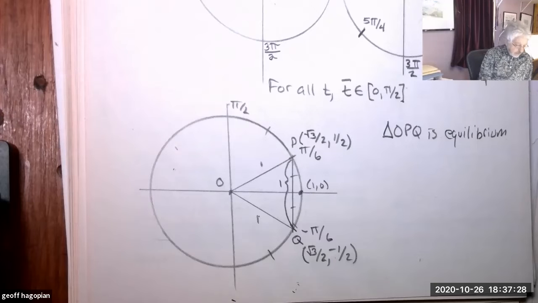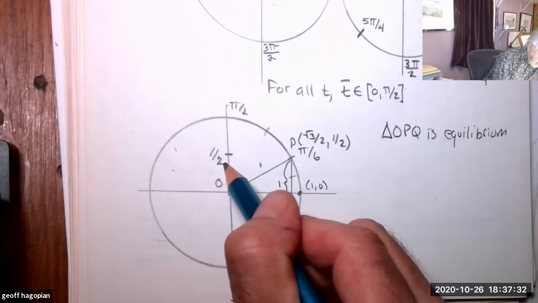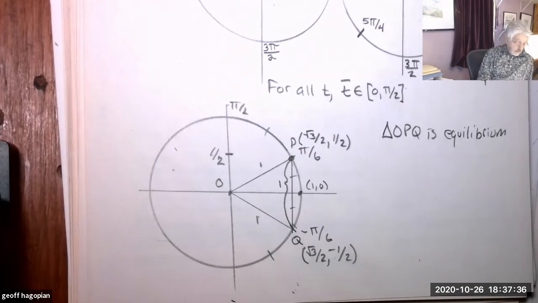Well, if I think about what point on the circle has a y coordinate of 1/2, that's going to be where you have the equilateral triangle, right? And that's not a really good argument, is it? I think we'll have to wait for a more solid argument, yeah.